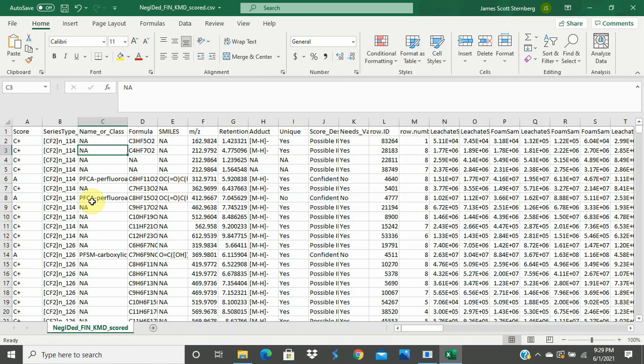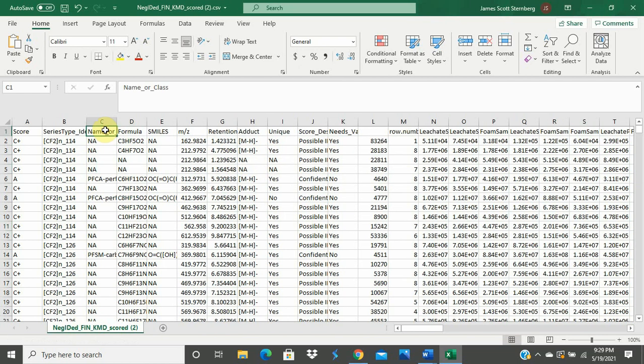The next column that we will discuss is Name or Class. This column tells you the names or classes of molecules that FluoroMatch has MS-MS evidence or fragmentations for in our database. In the case of a class, you can find the specific structure by looking at the formula or SMILES column.